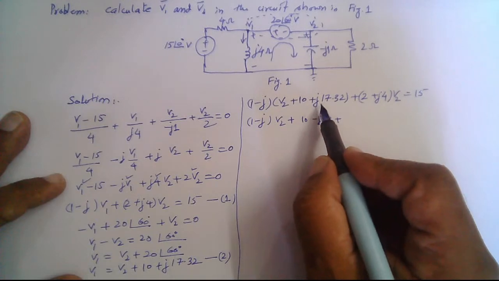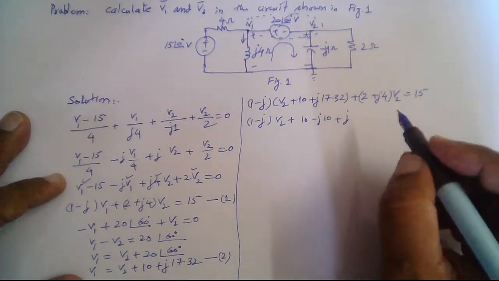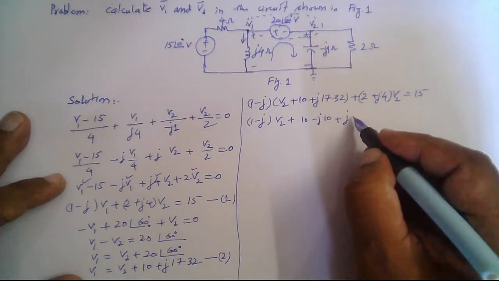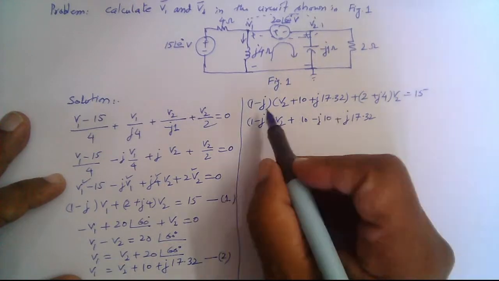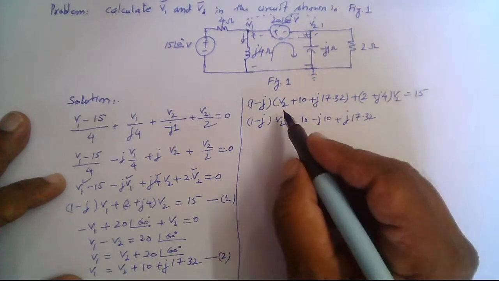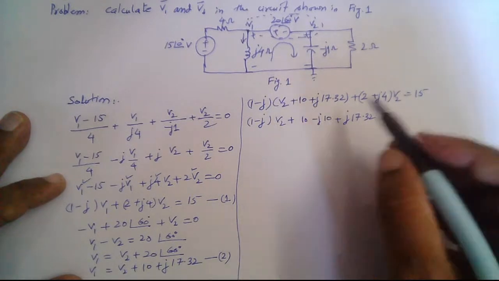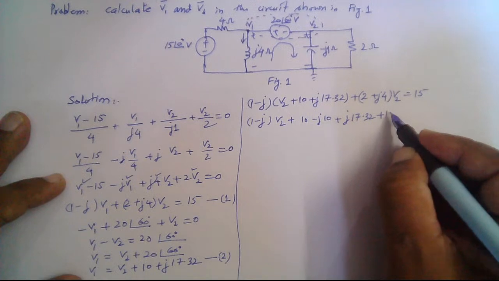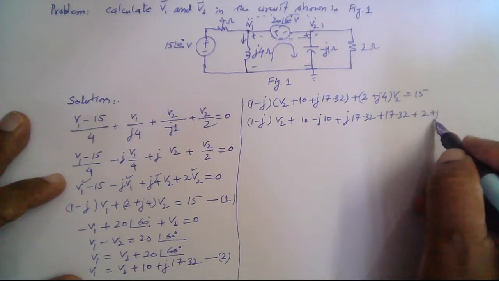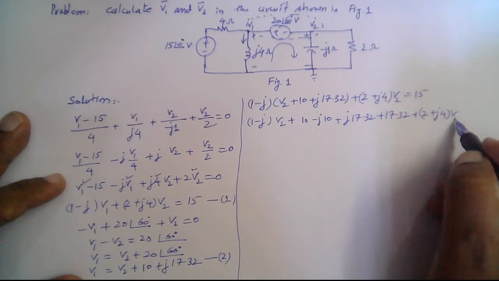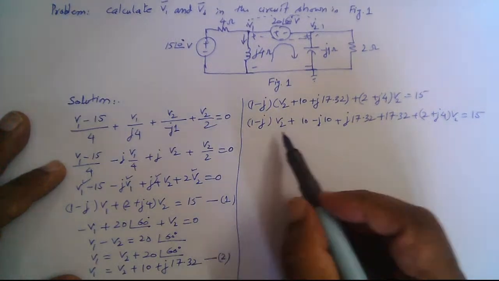Similarly, we have j17.32 multiplied by 1, so that will be j17.32, then j17.32 multiplied by minus j, so that will be minus j multiplied by j, so that is minus j square, so that is plus 1, 17.32, and then plus (2 plus j4) v2 is equal to 15. So that's the equation that we have obtained so far.